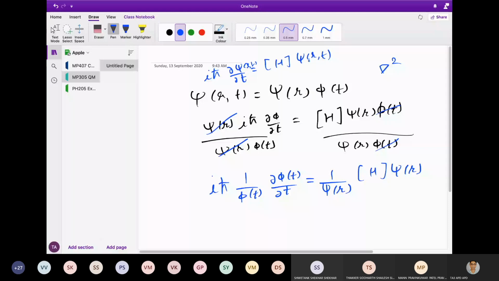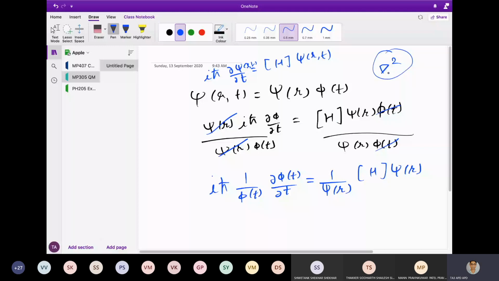And psi gets cancelled, and you will have iħ (1/phi(t)) ∂phi/∂t is equal to, and over here your phi will get cancelled because the Hamiltonian is an operator.